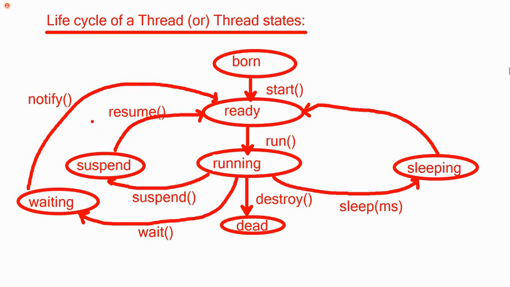So the life cycle of a thread has the born state, ready state, running state, sleeping state, suspend state, waiting state and dead state. To find out which state a thread is in, we use this state diagram, called the thread life cycle diagram or thread state diagram.